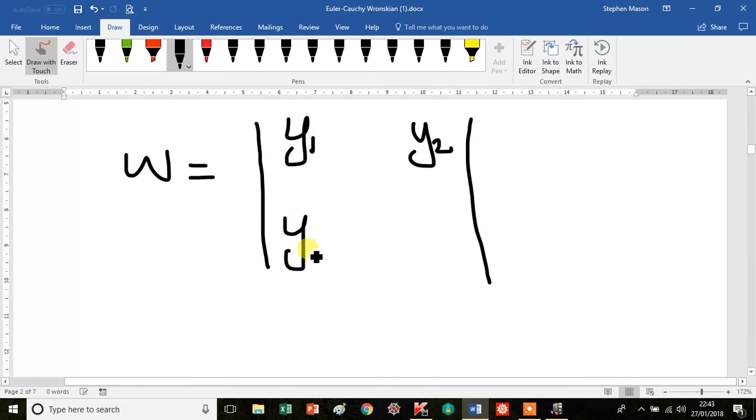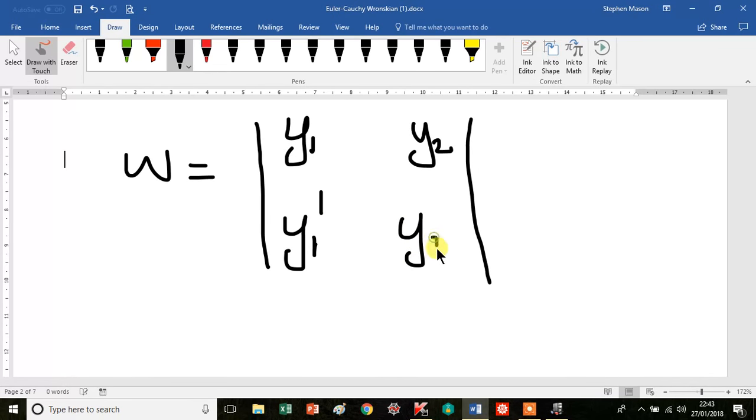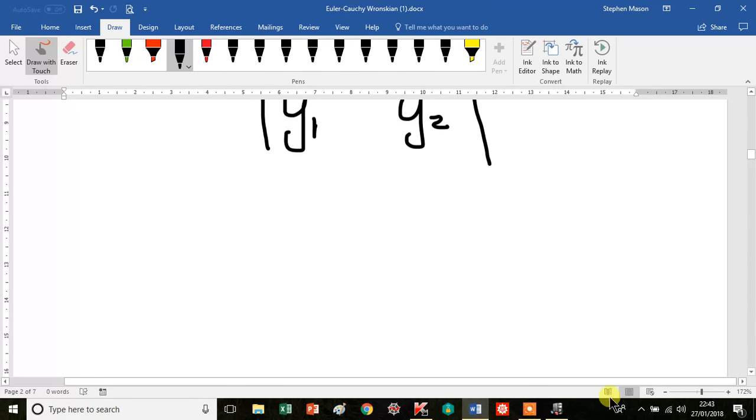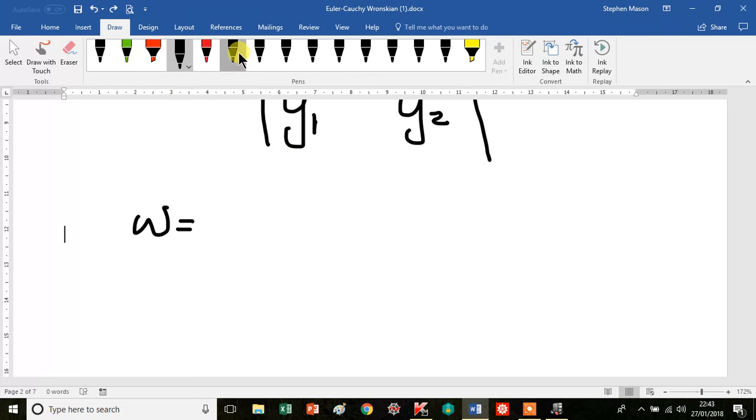And what we have to do is we have to differentiate y1 and y2. So these are the entries of that matrix determinant. Let's put y2 there. Right, okay. So we know that y1 is, let me see, I'm not doing very well here, am I?